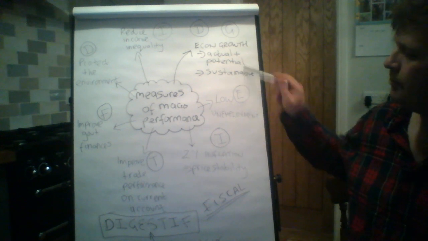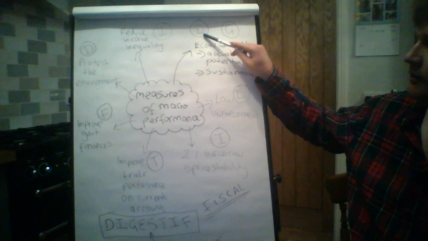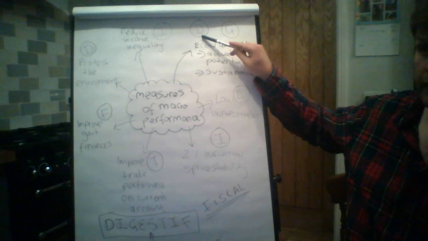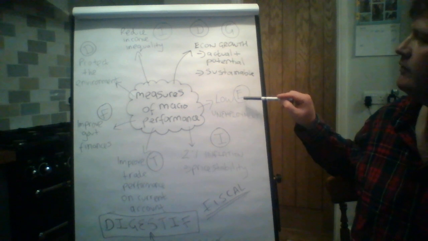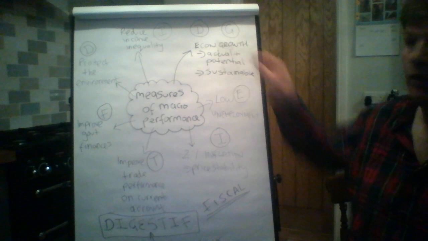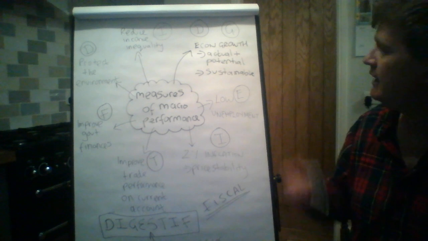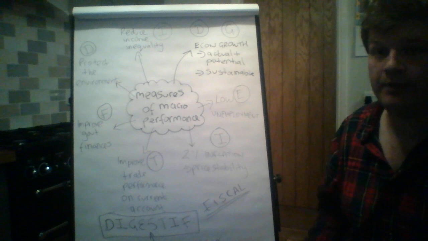Now what these two should both do is lead to an improvement in what we call economic development. Living standards should improve. If more people are earning because they've got more jobs and higher incomes, it means that living standards can improve. Governments can spend more to improve healthcare, education, housing, transport, and all these things should give people a longer, happier life.